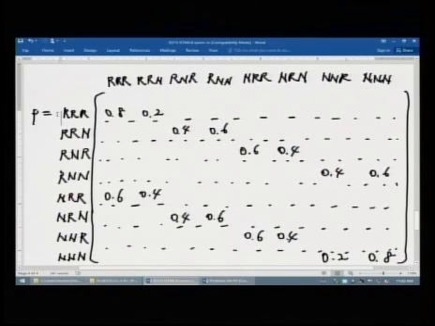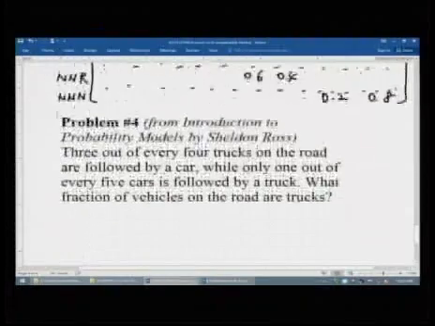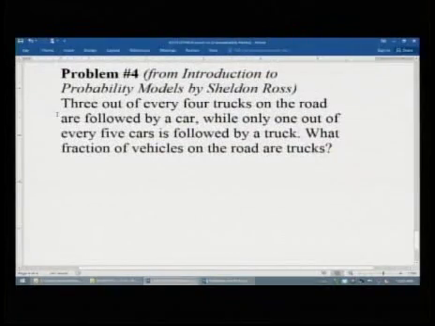Do you need more time? Okay. Again, this problem is from the Sheldon Ross Introduction to Probability Models textbook. So in this problem, 3 out of every 4 trucks on the road are followed by a car, while only 1 out of every 5 cars is followed by a truck.